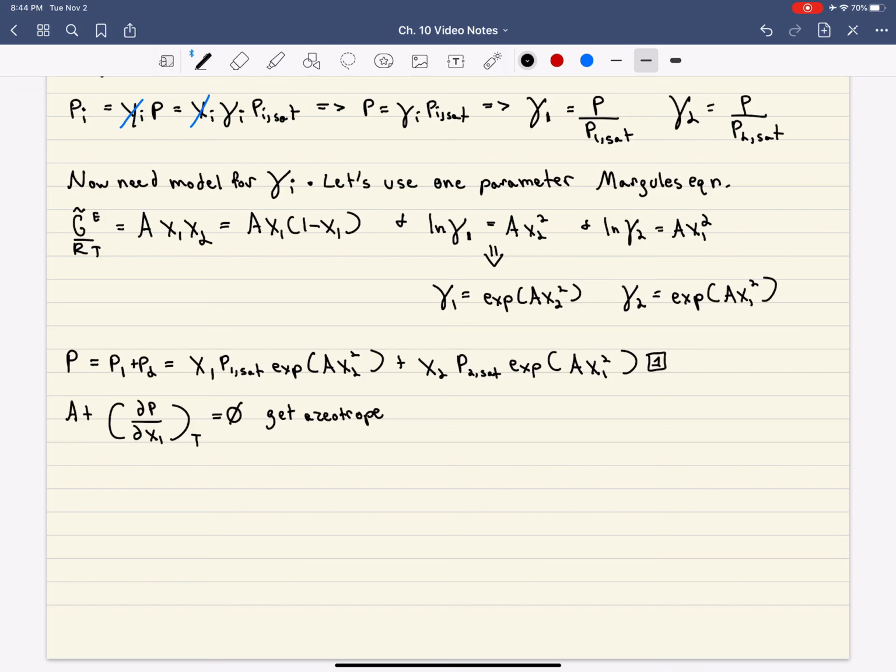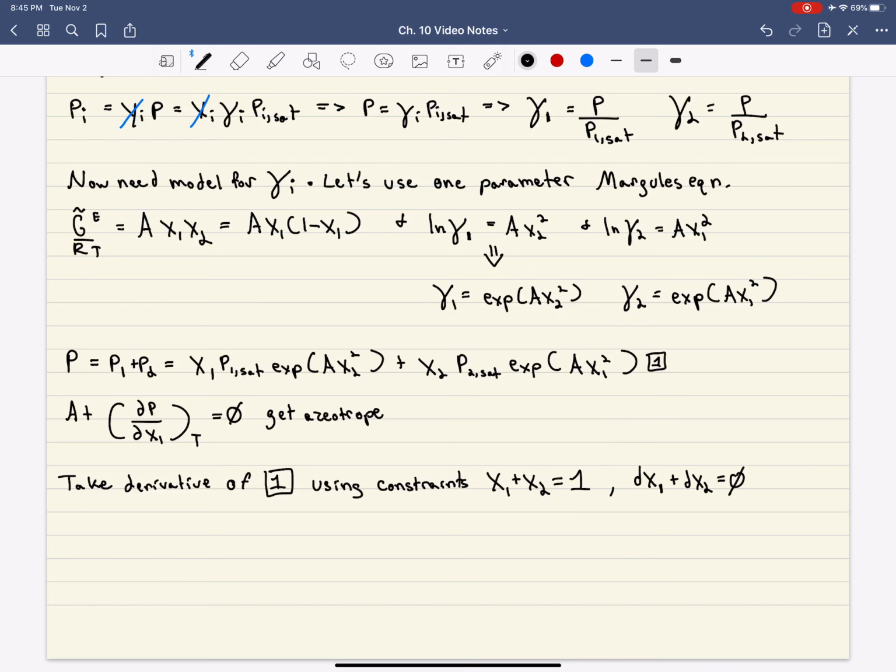What we'll do is take the derivative of equation 1, and when we take the derivative, we're going to subject it to the constraint that the sum of our mole fractions needs to equal 1, and consequently, the derivatives of the mole fractions have to sum to 0.